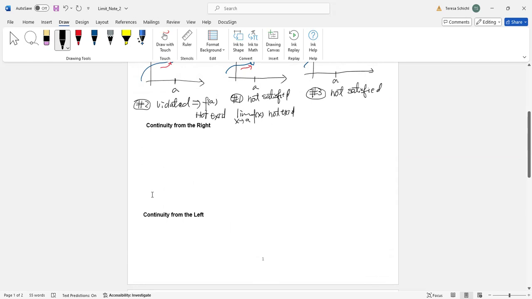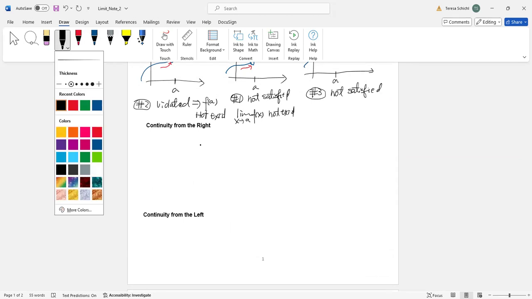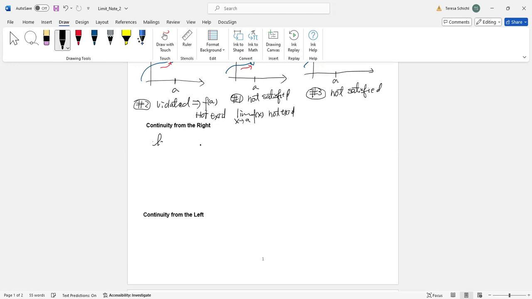It's the same thing here. If I look at the limit as x approaches a from the right-hand side, because I only care about that side for f of x, and this limit exists, then my function value f of a exists, and my function value f of a equals the limit as x approaches a from the right-hand side of f of x.